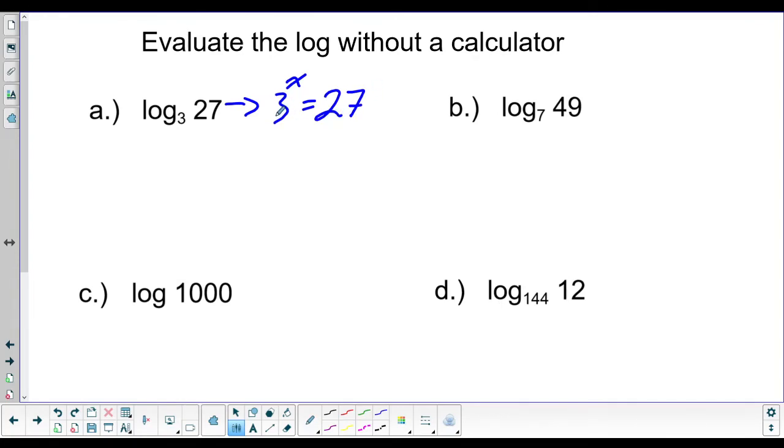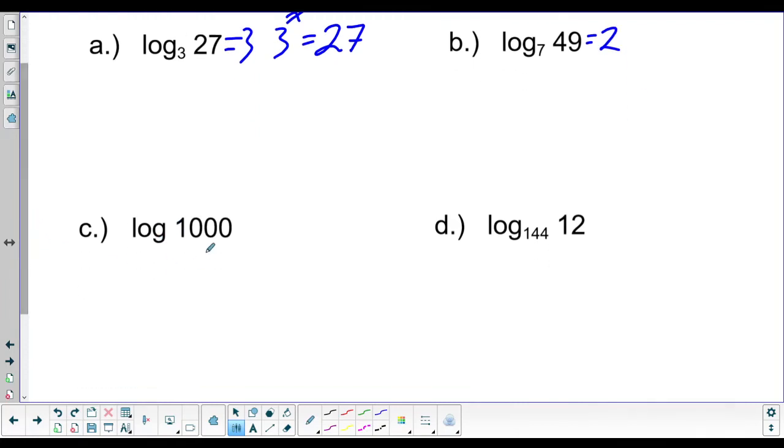So 3 times 3 is 9, times 3 again is 27. So we need an exponent of 3. So this will equal 3. Okay. 7 to what power is 49? Well, 7 times 7 is 49, so that'd be to the second power. So it equals 2.